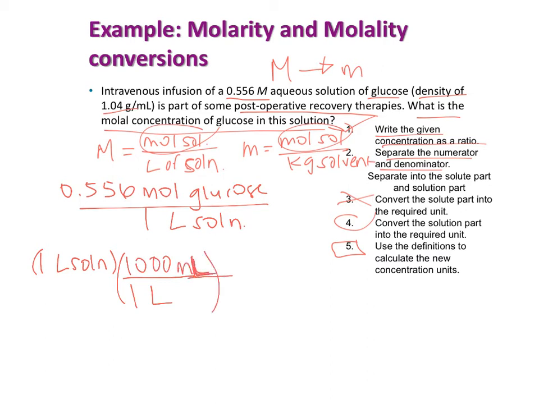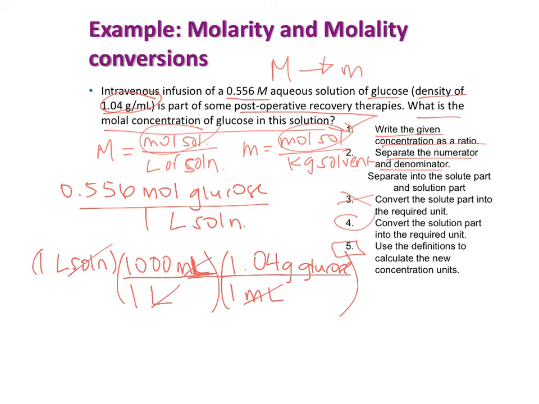That's an L. And then next, what we can use, and this is why they gave you the density, we can use the density to get to grams. So it ties it all together. So per every 1 ml, we have 1.04 grams of solution. And that cancels out. And now we are finally at grams.